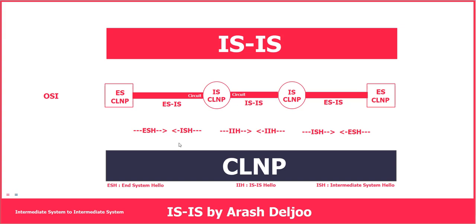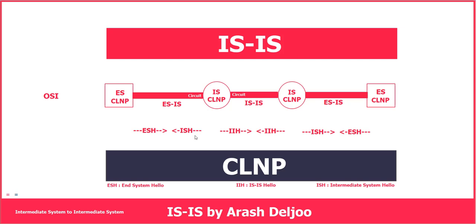And also in the old days, because we had ES-IS protocols, we needed ESH and ISH hello packets. ESH is the abbreviation of End System Hello, and we use ESH for discovering ESs by the ISs. And after that, we needed ISH. Why? Because the ESs should learn about and discover the ISs.